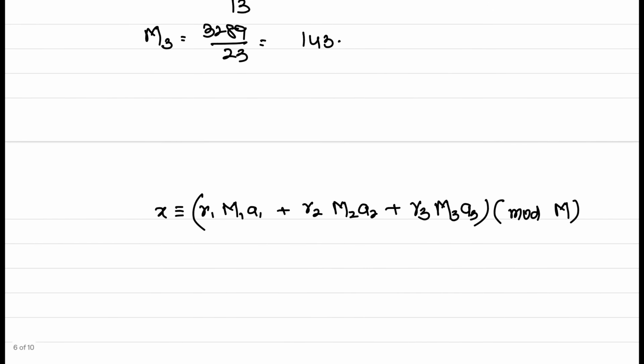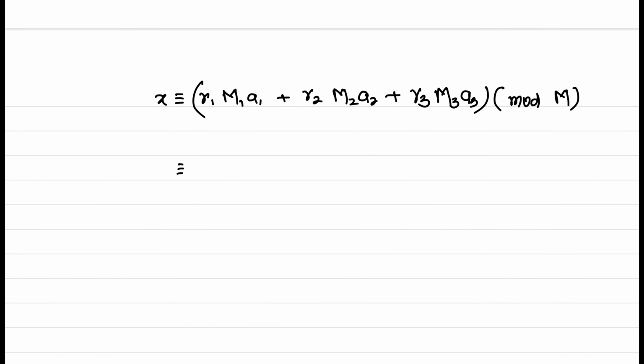Here, what does it become now? It is simplified to, we know the values of R1. We know the values of M1. What we have to find out is A1. We know the value of R1, we know the value of M1, this is not known.